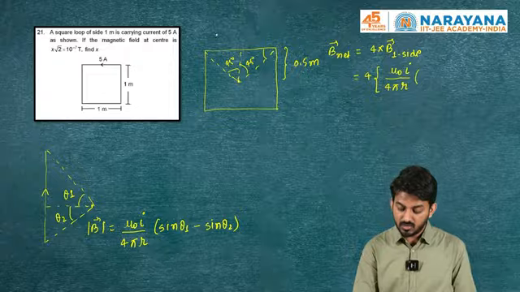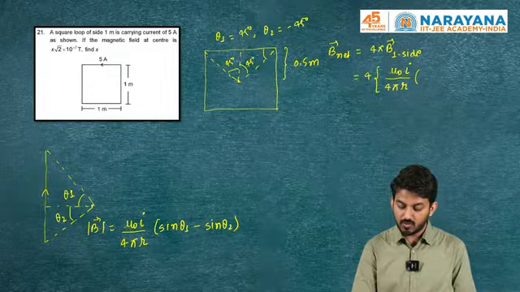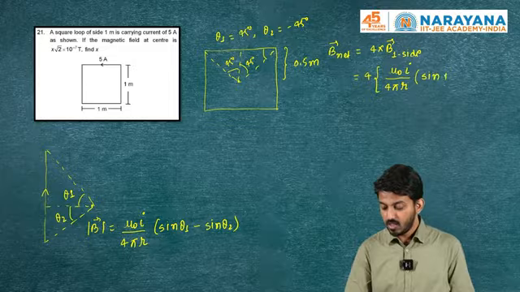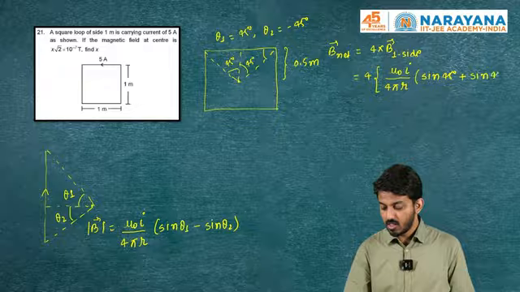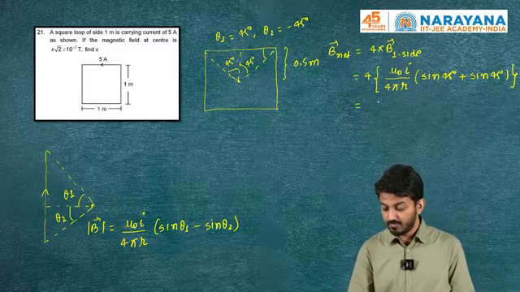Now, theta 1 and theta 2 in this case are going to be 45 and theta 2 is going to be negative. It's on the opposite side, no? So negative, giving us sine 45 plus sine 45.